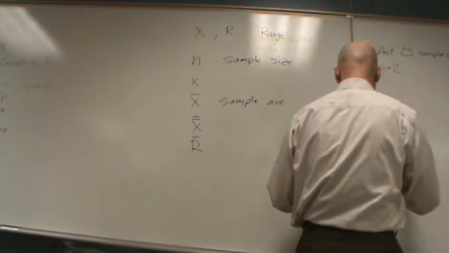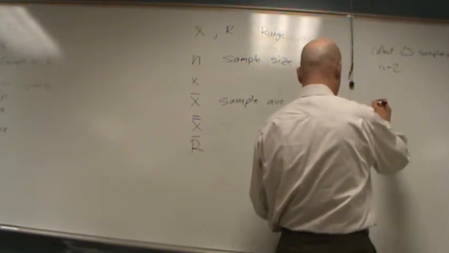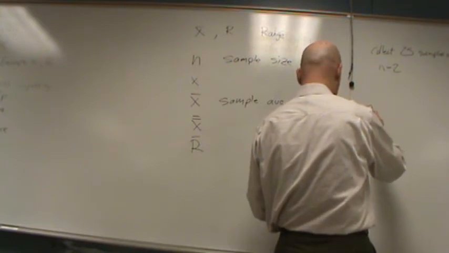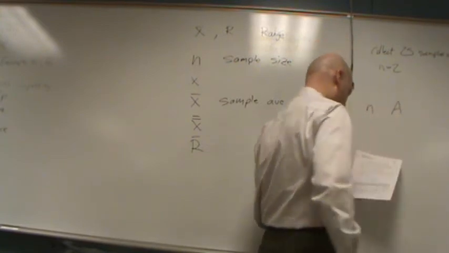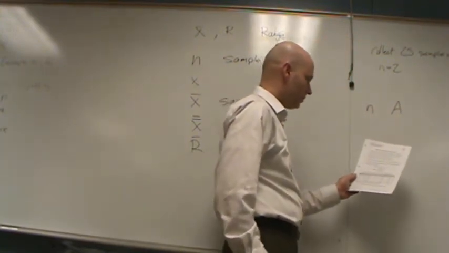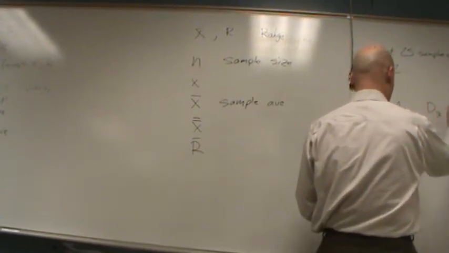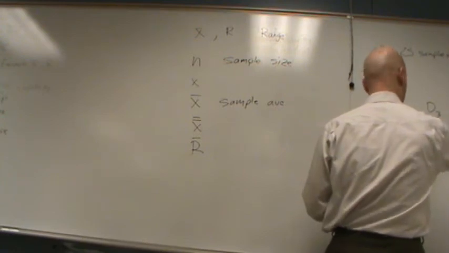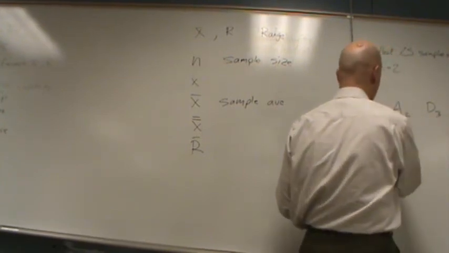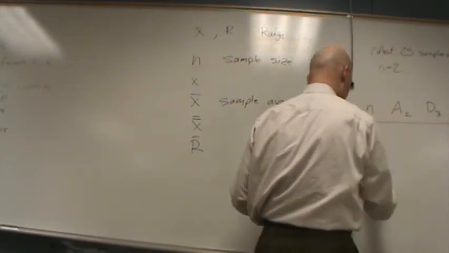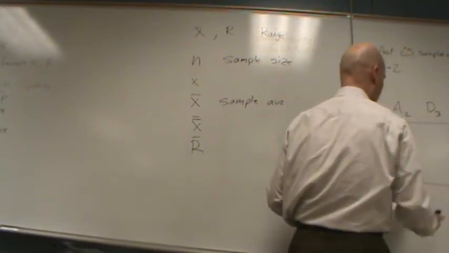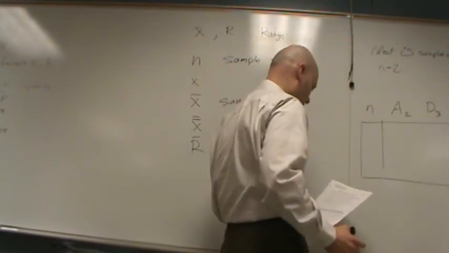The other thing I'm going to show you is that there's a chart on page 13. You may see these types of notation in these tables related to creating X-bar charts.